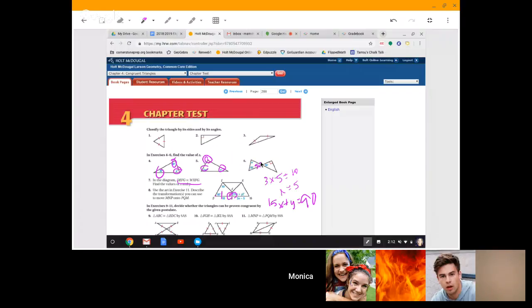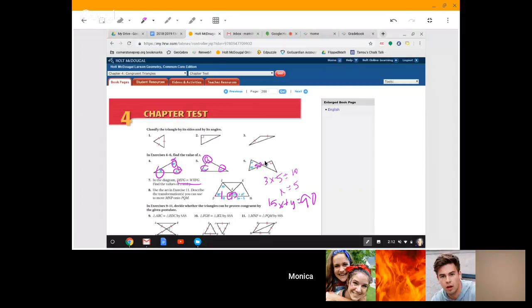Same thing here. So when those sides form an X like that, and you have these two angles across from each other, those are vertical angles. And we know that vertical angles are congruent. That's one of our theorems from back in chapter 2.